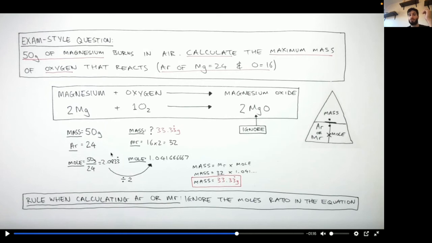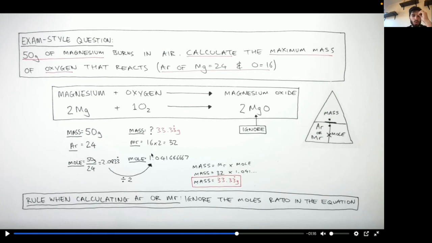What you do is you look at the ratio of 2 to 1. Okay, so then look, because the ratio is 2 to 1, you divide this number by 2. If this was 2 to 4, you'd multiply by 2. If this was 2 to 6, you'd multiply by 3. But the ratio is 2 to 1, so you divide by 2.